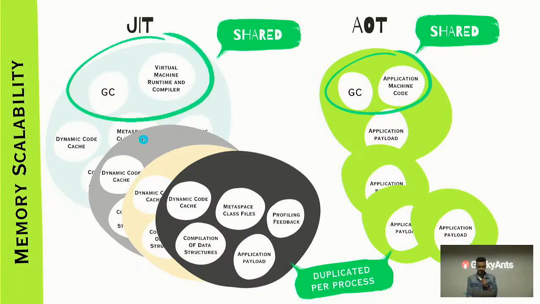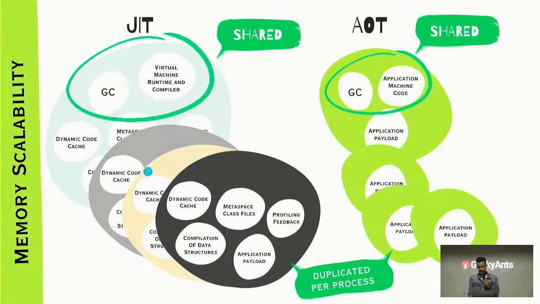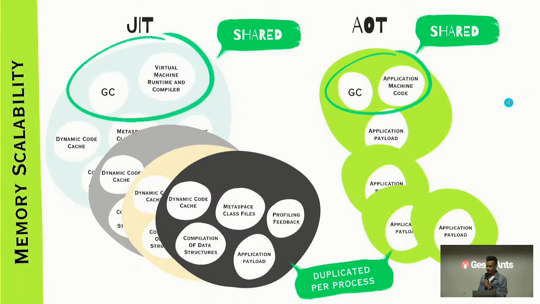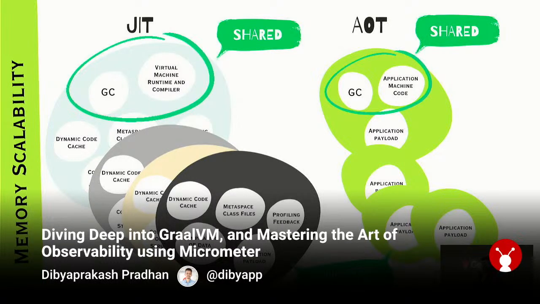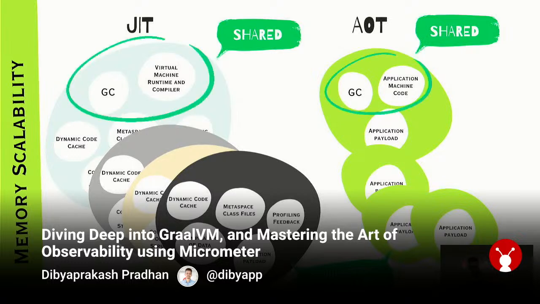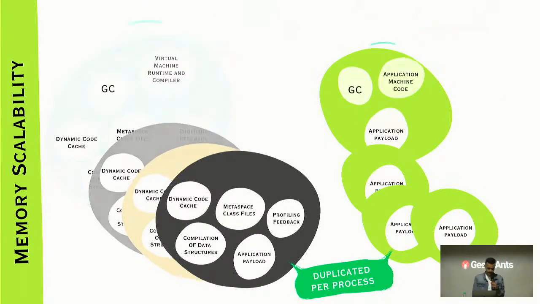So if you increase your replica set count to 4, then only the GC and VM will be shared between all those 4 replicas, and all other stuff will be duplicated. And if you look at AOT, it also shares the GC and machine code, but the only thing duplicated is the application payload. So you can consider how little resource it will use in terms of memory scalability.